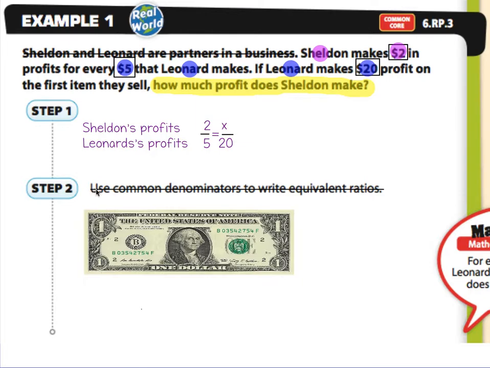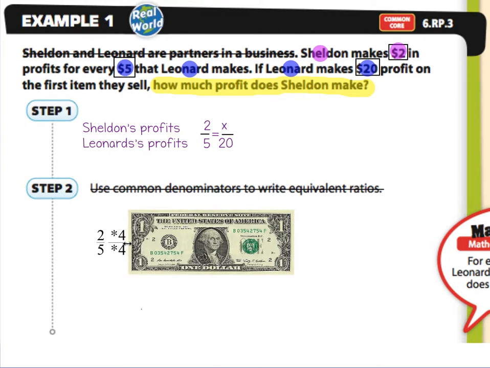So now I took this, use common denominators to write equivalent ratios. I think that wording sounds funny. Honestly, what you're doing is you're just saying, okay, what I did was I multiplied 5 by 4 to get 20. So I know my golden rule is what I do to one, I have to do to the other. Yep, because that's the golden rule.